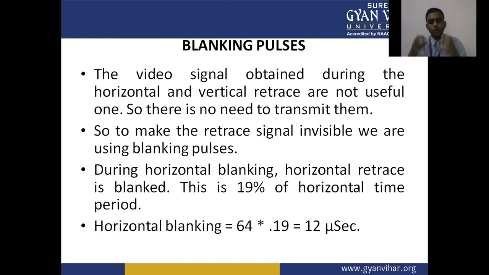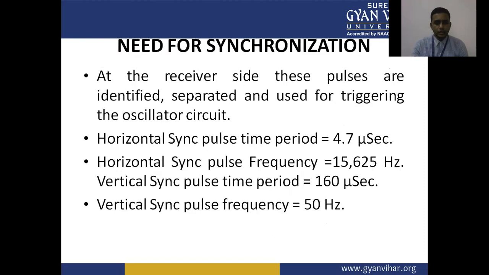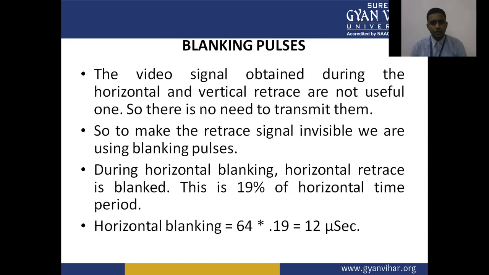During the horizontal blanking, the horizontal retrace is blanked. This is 19% of the horizontal time period. In the previous lecture, we already discussed that the horizontal time period is 64 microseconds, and 19% is the blanking period.